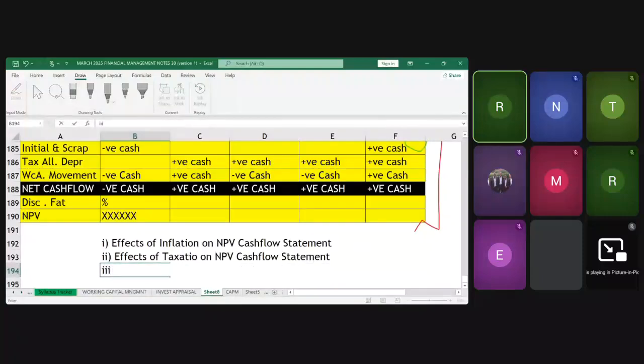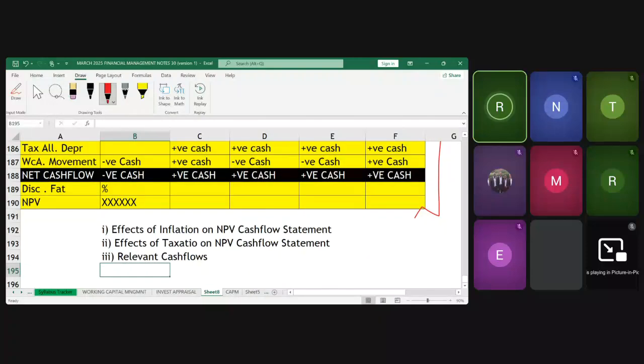Number three, we need to also look at relevant cash flows, right? Relevant cash flows is not everything that is supposed to be included, and it's not everything that is supposed to be excluded. And then finally, number four, incorporating working capital movements on net present value.